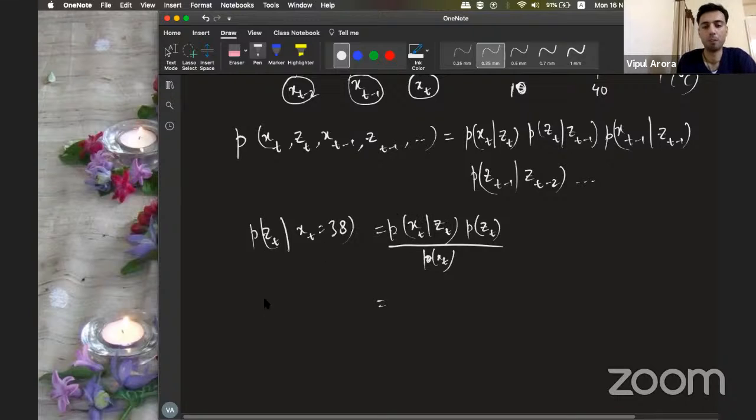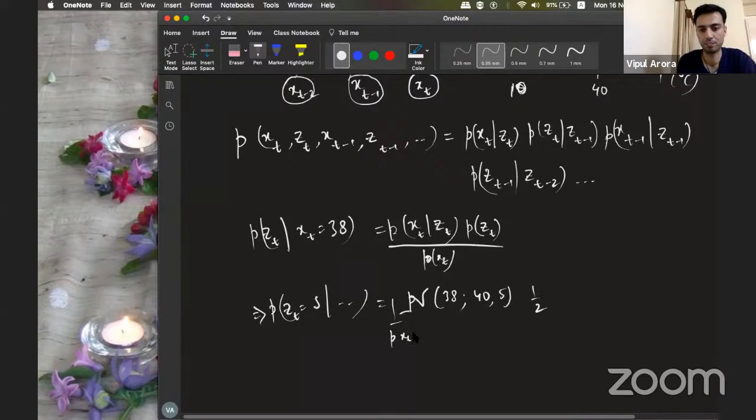So the probability of zt equal to summers given this is equal to the probability of 38 degrees Celsius given it is summer. It is like normal 38 where the mean is 40, sigma is 5, times the probability, let's say these are equiprobable, both seasons are equiprobable, divided by p of xt.